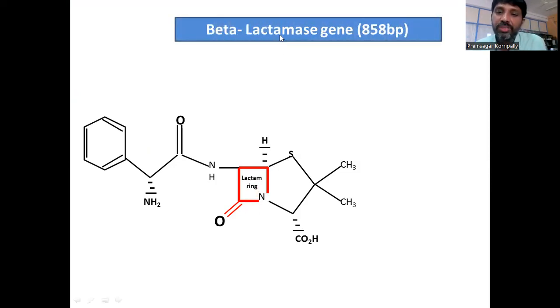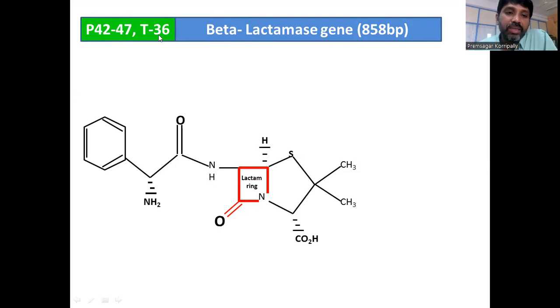You see here, the beta-lactamase gene ORF has 858 base pairs, and it also has a promoter. Transcription initiation takes place at 36 base pairs from the ATG.